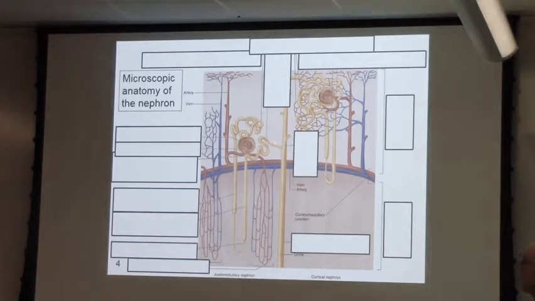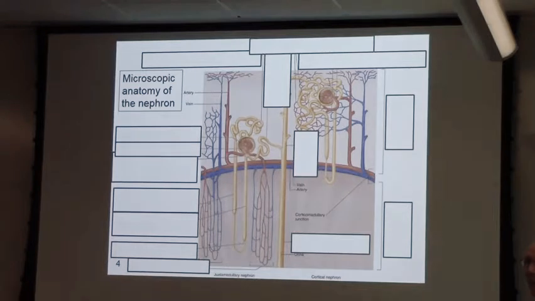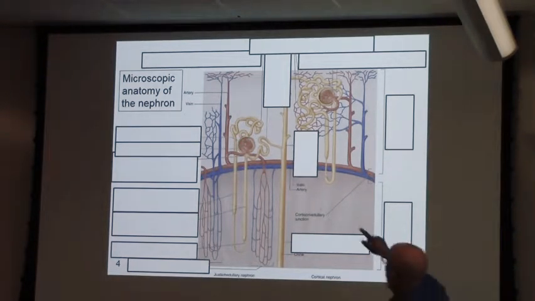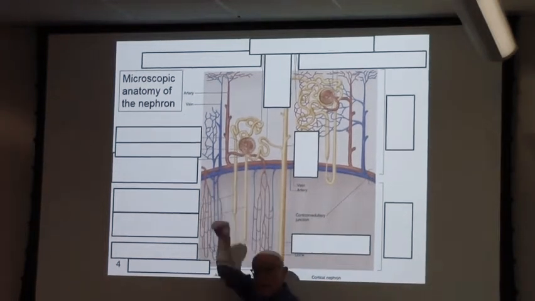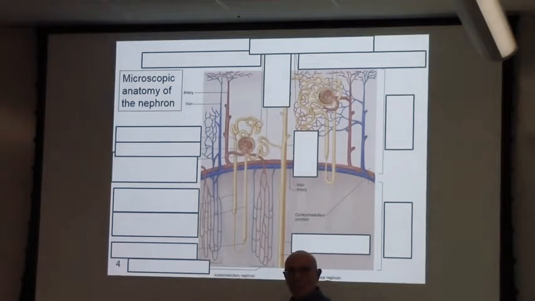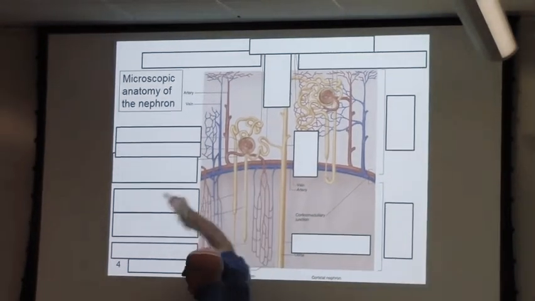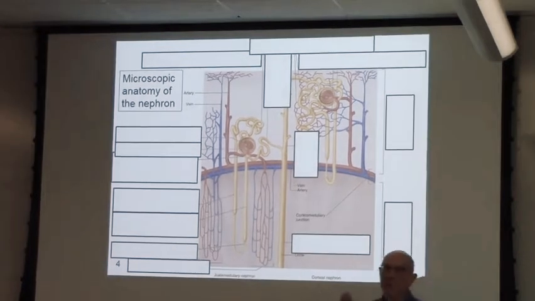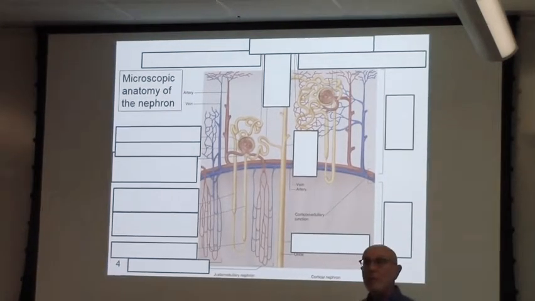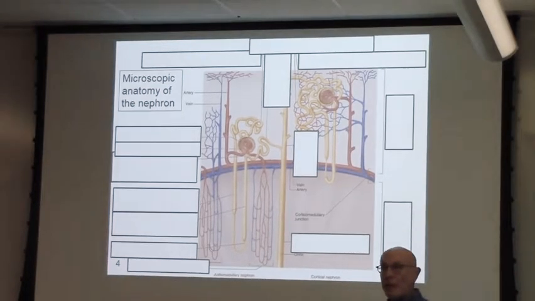The distal tubule. Bowman's capsule. We did the capsule, so Bowman's capsule is the outside. What's the thing just inside Bowman's capsule? Glomerulus is inside, and between the glomerulus and the capsule is Bowman's space. What are the cell types that make up the glomerular capillaries? Podocytes. Yep.